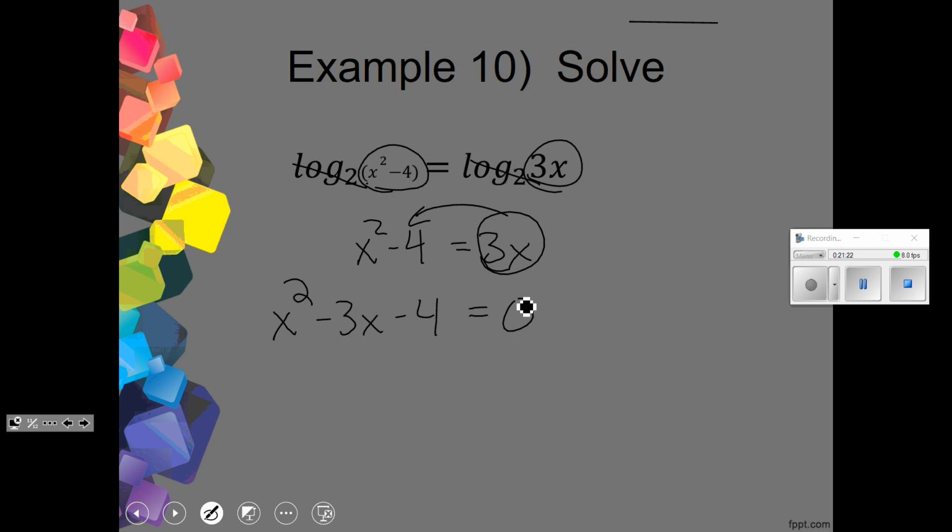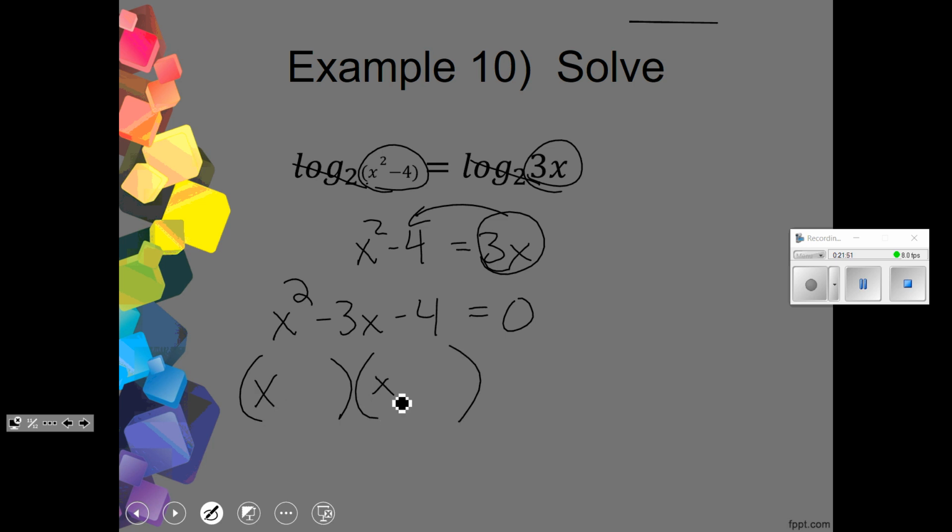That's the way I'm going to do it because that looks pretty easy to factor. You could put it in your calculator and use your spider pig and find left bound, right bound, and find your zeros. You could do the quadratic formula, x equals negative b plus or minus the square root of b squared minus 4ac all over 2a. Or you could complete the square for those that like to complete the square. But I'm going to factor it.